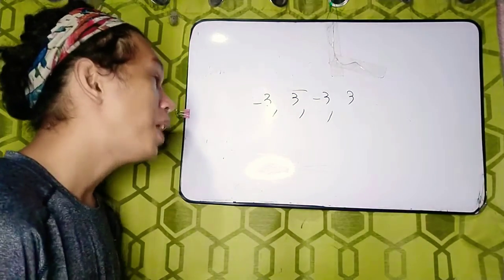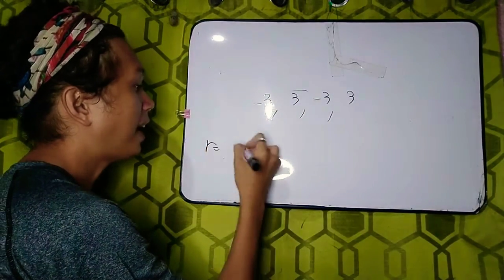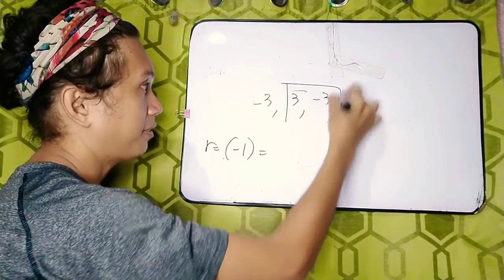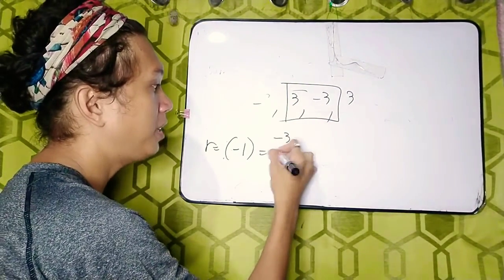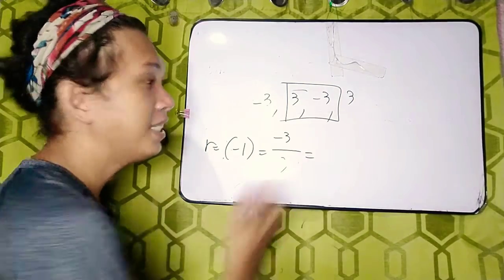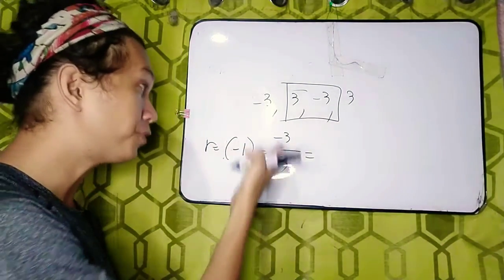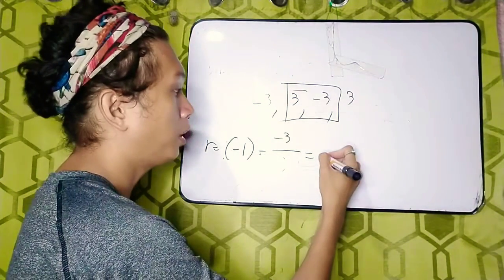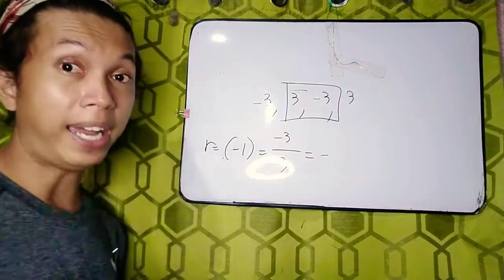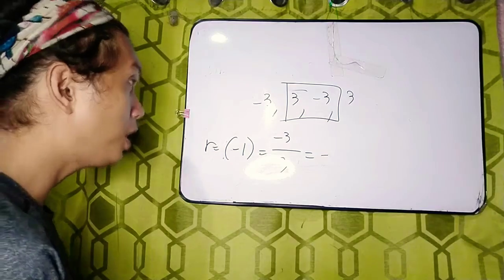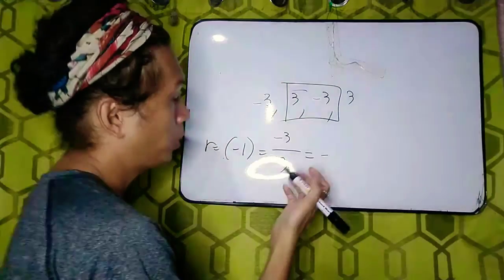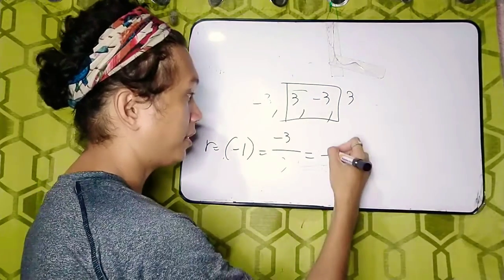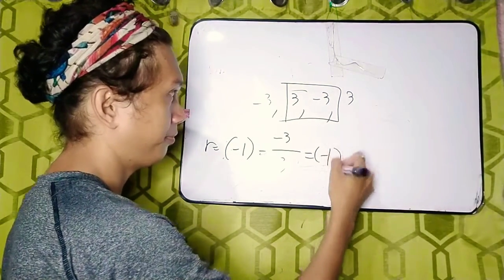So, our common ratio here is actually negative 1. How? Let's get negative 3 divided by positive 3. Since they have different signs and then you divide them, the result will always be negative, because when you divide different signs integer, the result is negative. Okay, so negative 3 divided by 3, so that's negative 1.